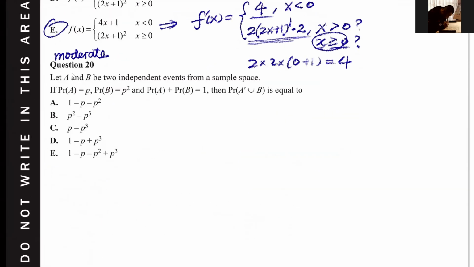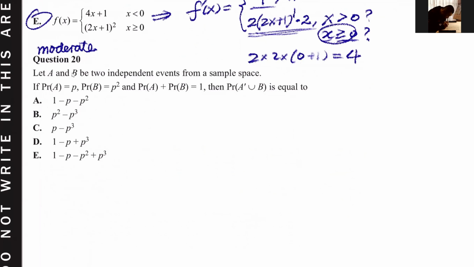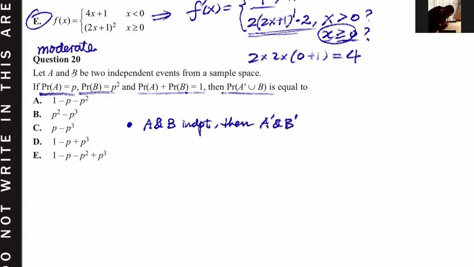Okay, question 20. Let A and B be the 2 independent events from a sample space. We have probability A, probability B, probability A plus B equals to 1. And we want to find this joint probability, probability A dash union B. I'm going to use 2 facts. 1, if A and B are independent, then the complementaries A and B dash are also independent, as well as any other combinations.